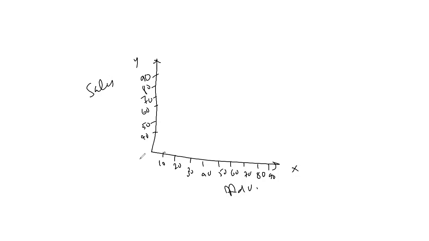So the first observation in this example, more or less, x is 39 and y is 47. So our point is this. Second observation, 65 and 53, it is more or less here. And the third, 62 and 90.